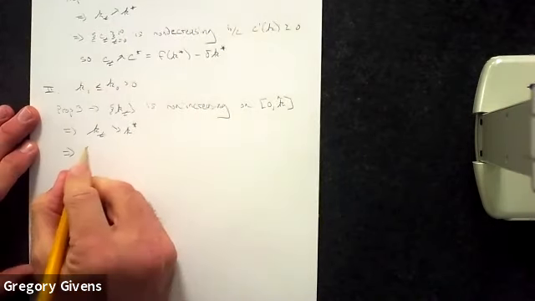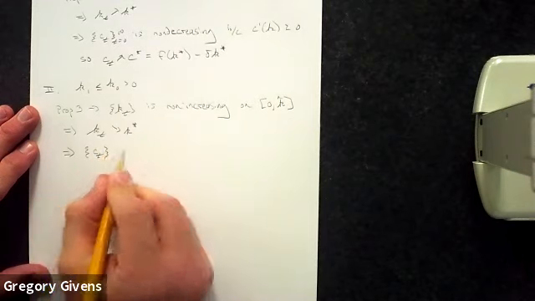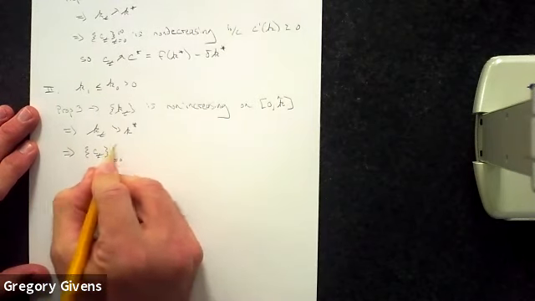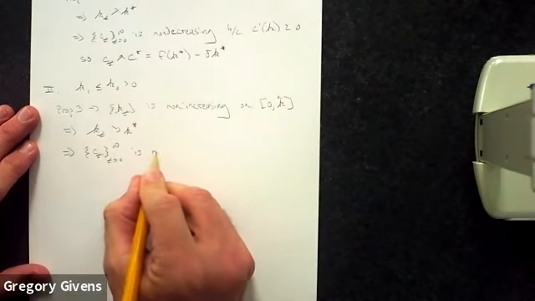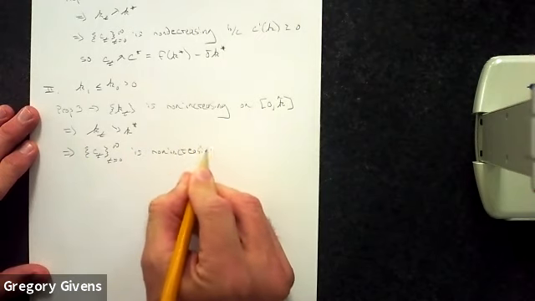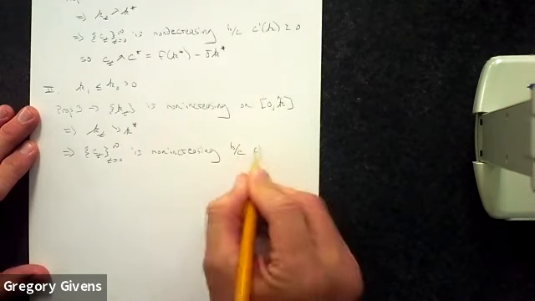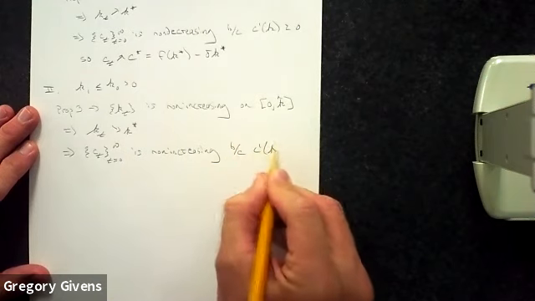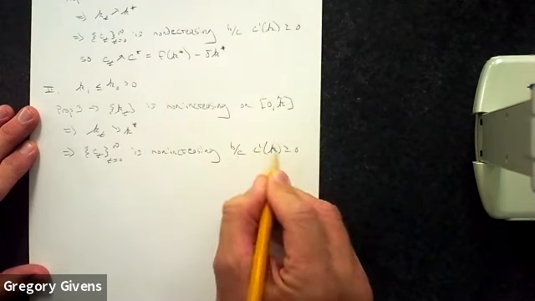So the sequence of consumption values is non-increasing because, again, C prime of K is greater than or equal to 0.